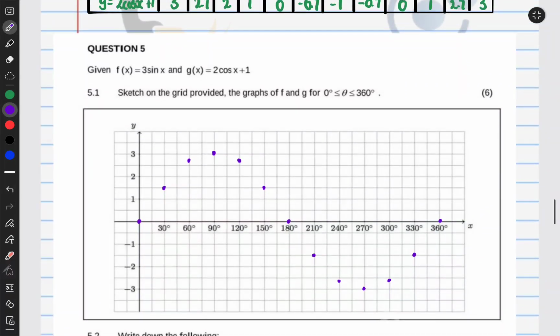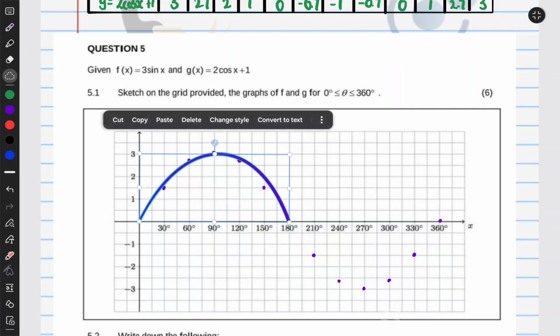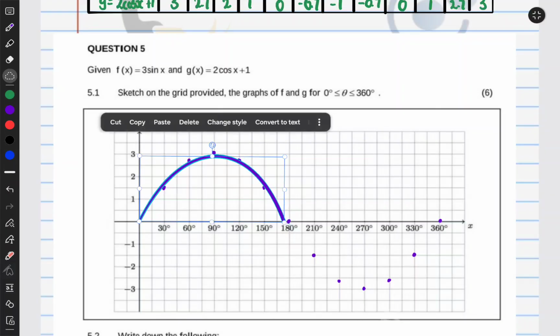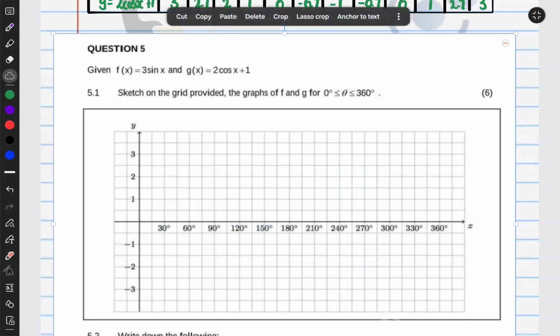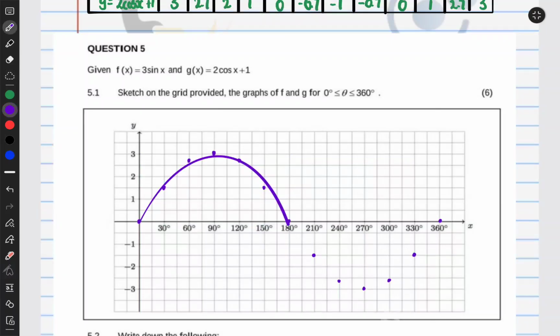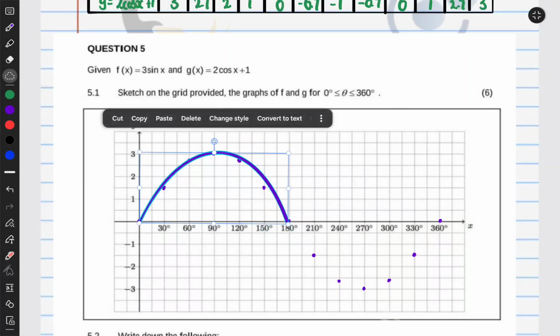We have to join the curve now. Start afresh. It's not as perfect, our curve.